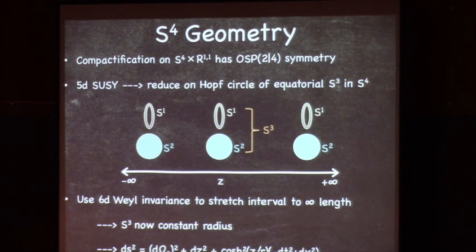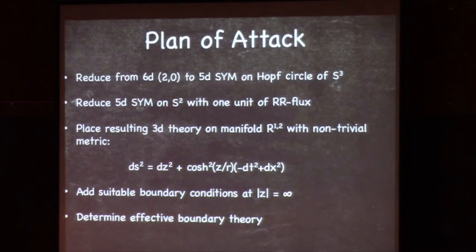Okay, so with those geometric preliminaries, I can now tell you our more detailed plan of attack on this problem. We reduce from 6D to 5D on the Hopf circle of the S3. The S3 is now constant size because I've done the Weyl rescaling. Then I'll land in 5D super Yang-Mills on S2 with 1 unit of graviphoton flux, and I'll reduce to zero modes there.